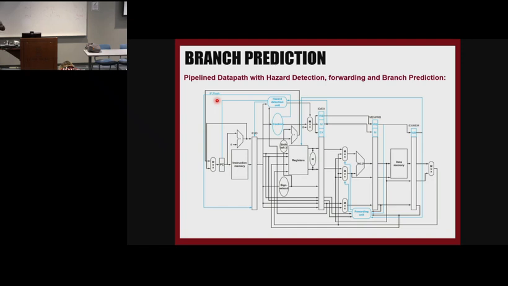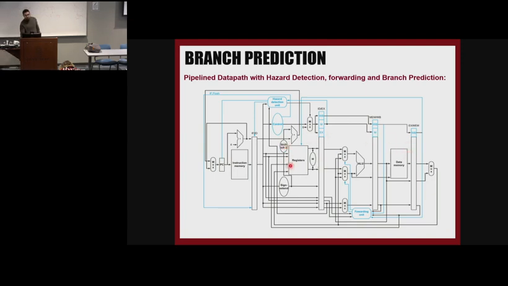You already make a prediction. So when you're here, this is where you evaluate whether your prediction was right or wrong at the decoding stage. But the fact that we moved it from the memory stage to the decoding stage means that we only need to flush one pipeline register. We don't have to flush all the pipeline registers, as we would if we did the evaluation at the memory stage.